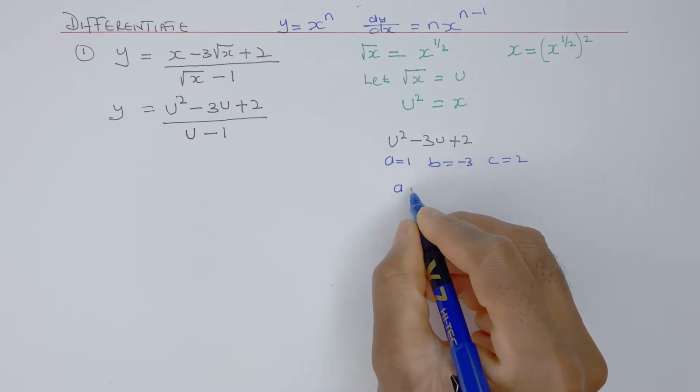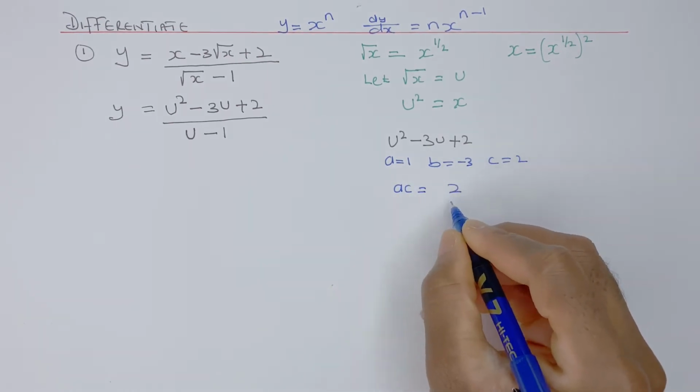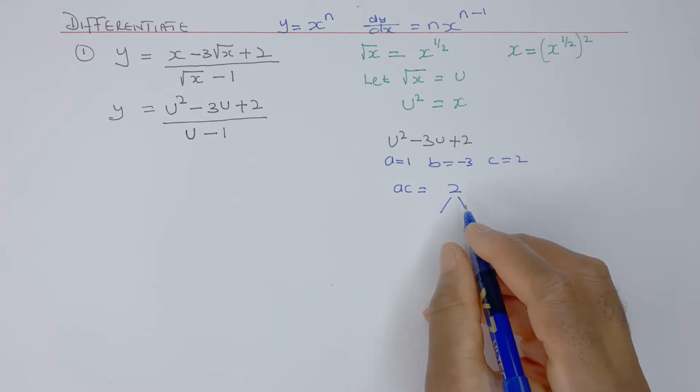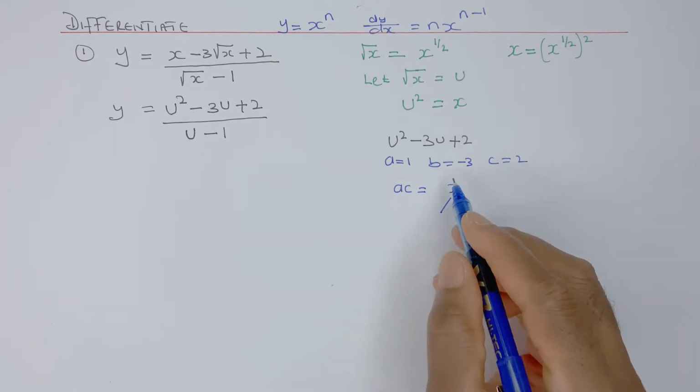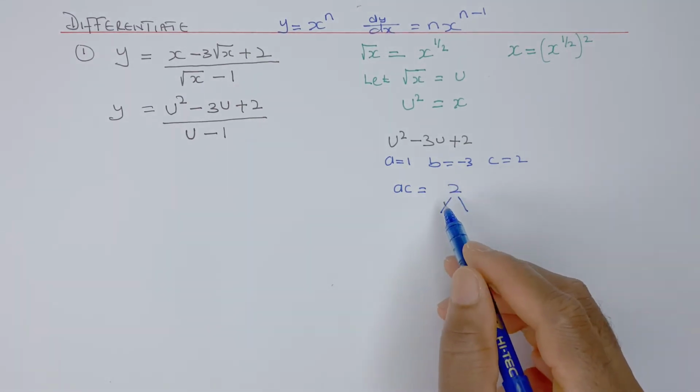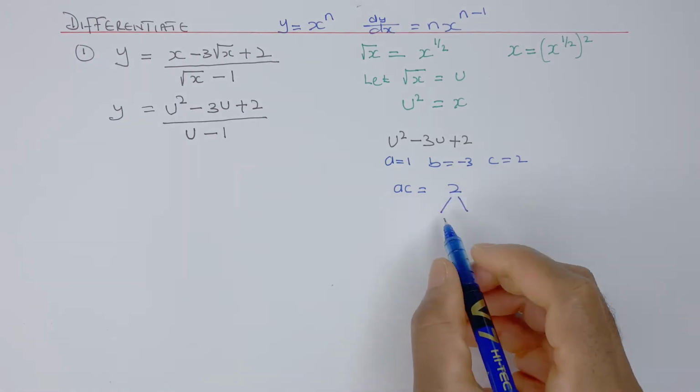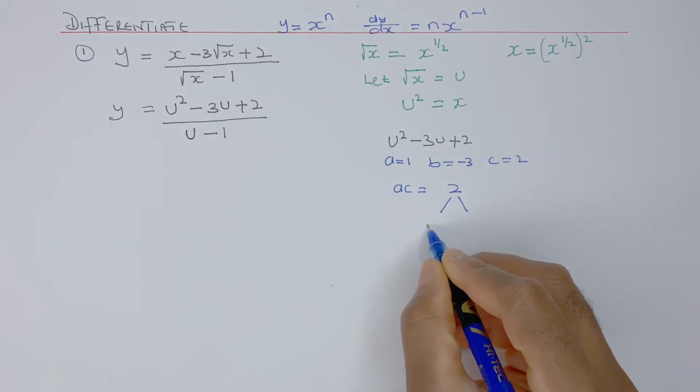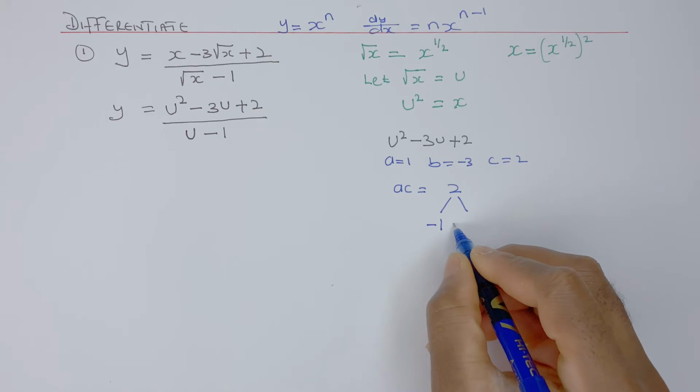So ac will be 2. I need two numbers I can multiply together to get plus 2, and when I add them together, I get minus 3. So I'm thinking minus 1 and minus 2.